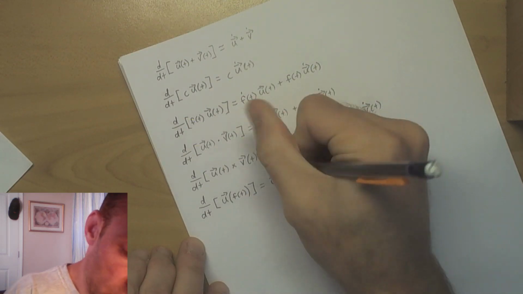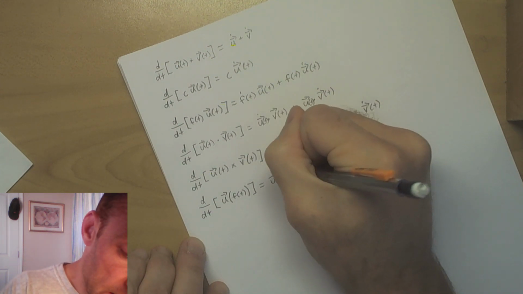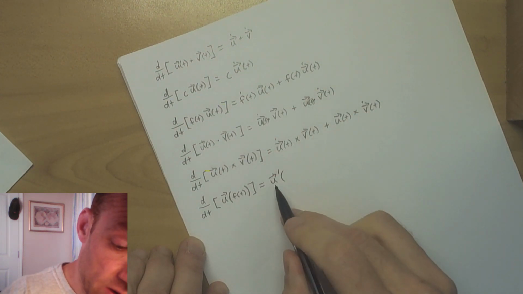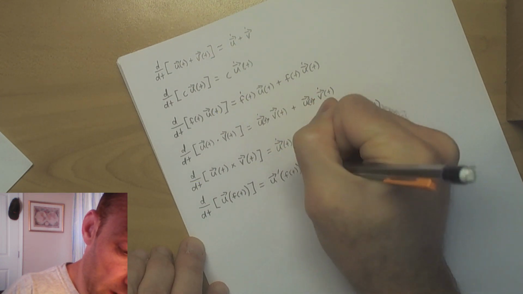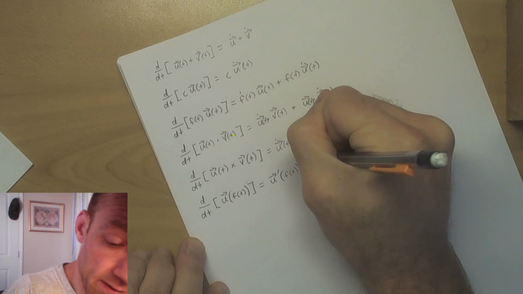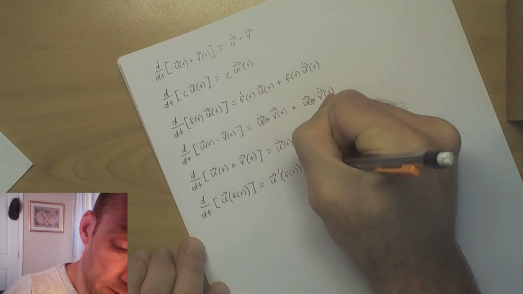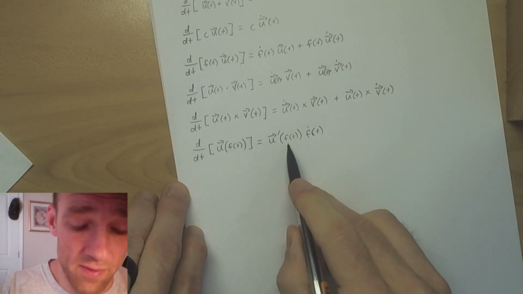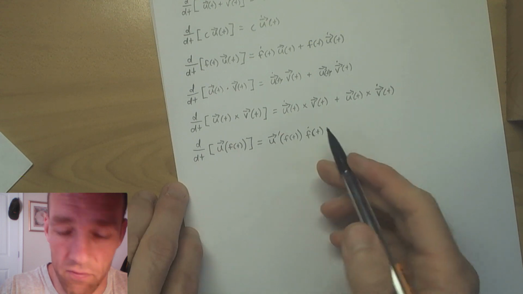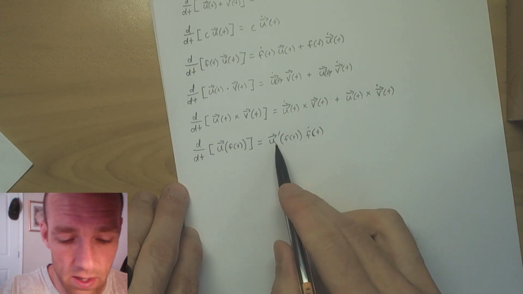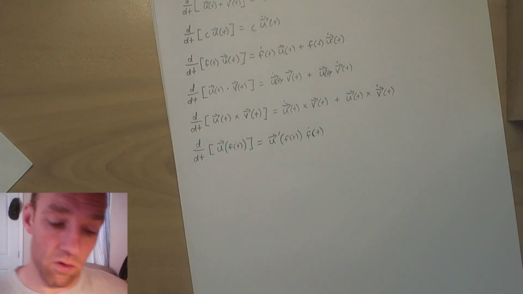So I take u, I want to use a prime, and we take u prime at f of t, and then we've got to multiply that by the time derivative of f. The prime implies that it's a derivative with respect to some argument other than time. It's just the derivative of the function u. Don't get too wrapped around it.